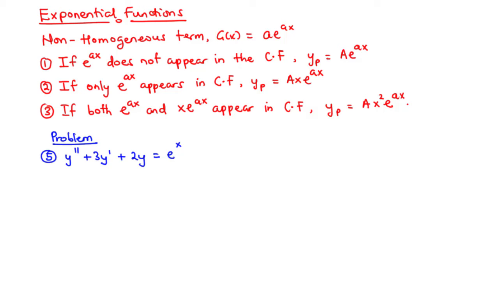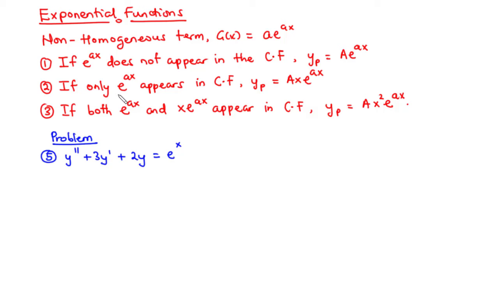So the first one is if e to the power ax does not appear in the complementary function, then we establish for the particular integral yp equals A times e to the power ax.